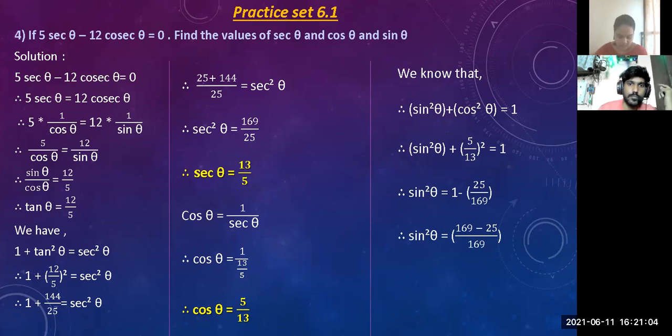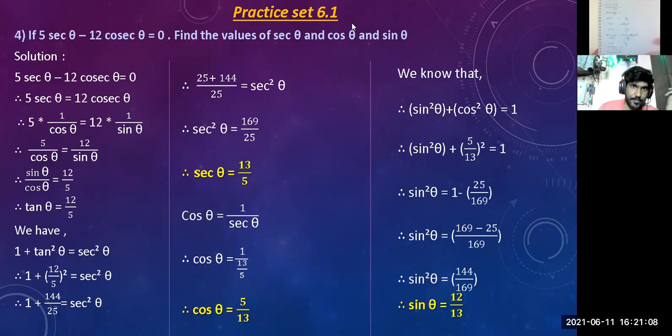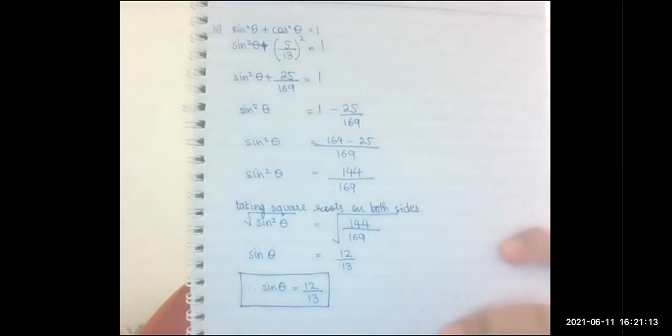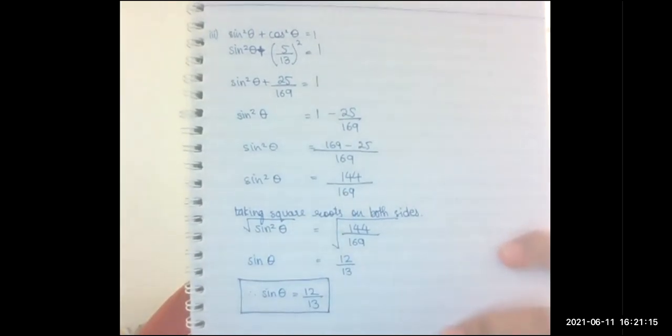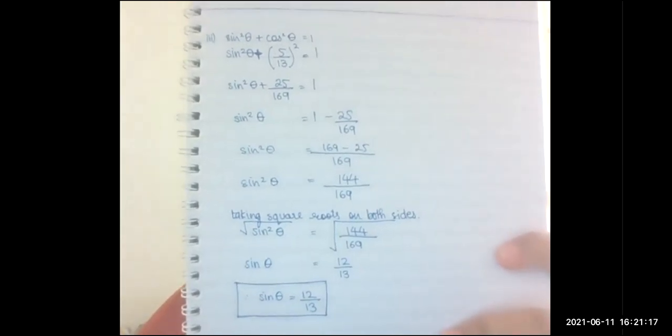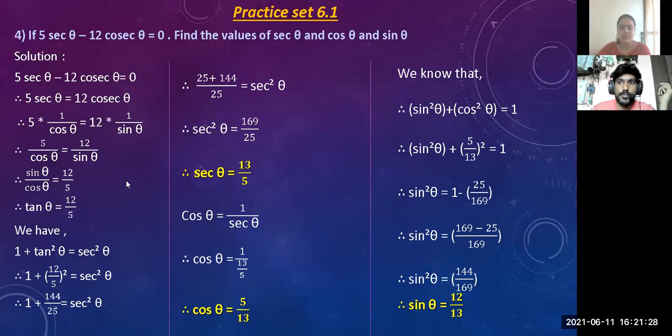Sine theta equals 12 upon 13. Yes, correct. Good. Perfect calculation.